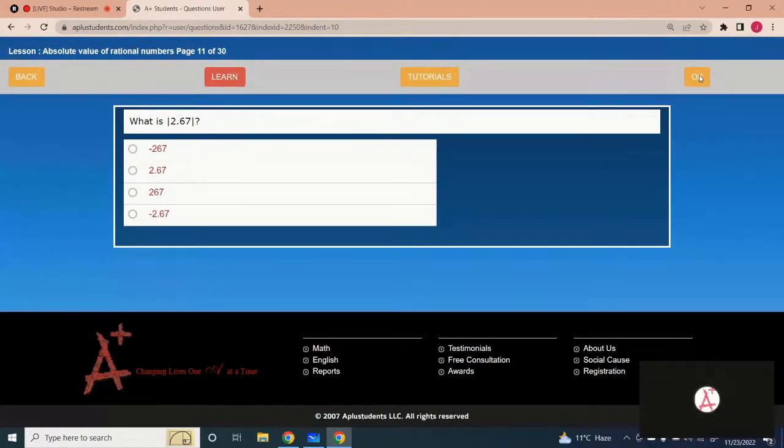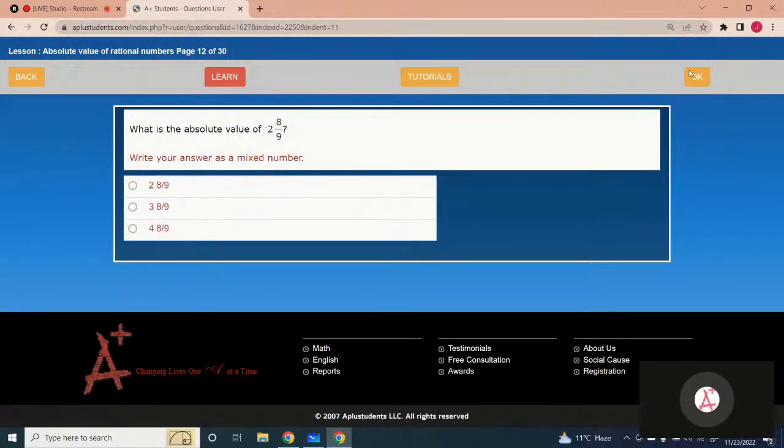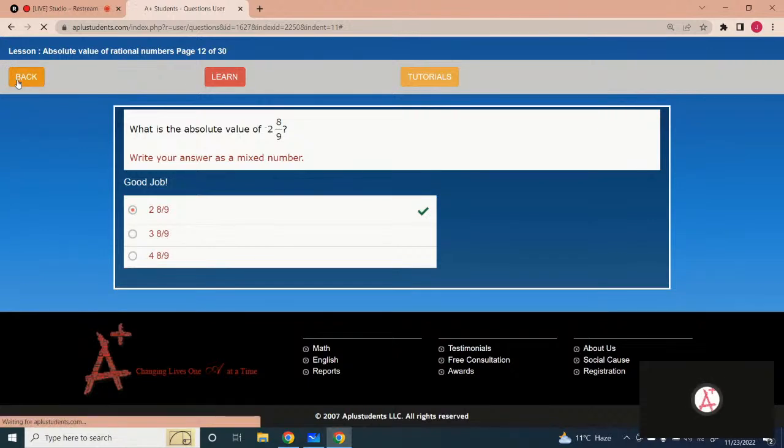It would be the same because the number is already a positive number. Okay, what is the absolute value of negative 2 whole 8 over 9? It would be 2 whole 8 over 9. Got it.